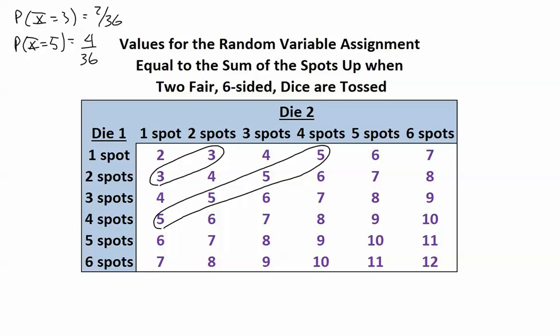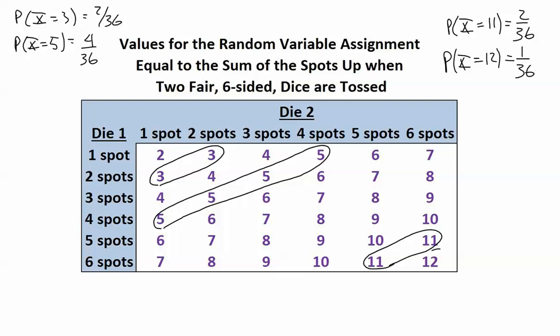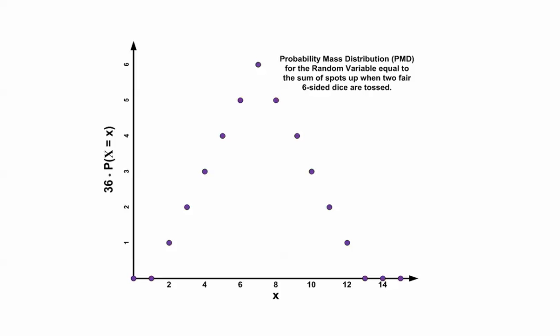The probability that my random variable takes on a value of 11 is 2/36. The probability that my random variable takes on a value of 12 is 1/36. Way down there. Okay, so I could calculate by just observation of this table the probability that my random variable takes on values from 2 through 12. And plot them. That's my result. All right.